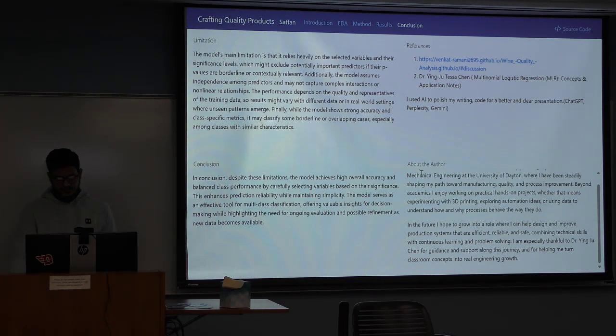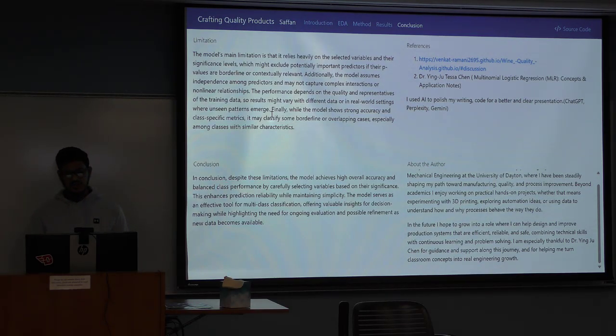This is the limitations section. Basically, the results were highly affected by the variables I was using in every model. Every single variable was highly significant, but whenever I removed different variables, it showed a similar effect on all the categories and models. Finally, the model shows strong accuracy and class-specific metrics.